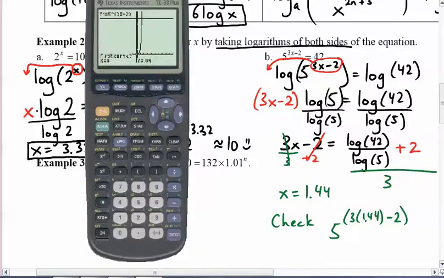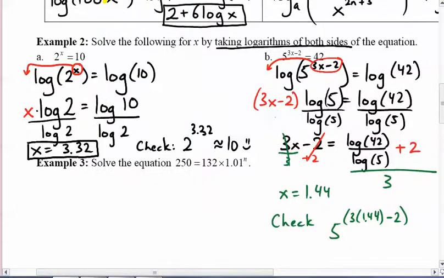And when I calculate the intersection, I get an answer of 1.44. So there's 3 ways that you can find your answer. If this is multiple choice, you'd probably only want to do the checking step. If this is a long answer problem, then you could use your graphing calculator to check your final answer.